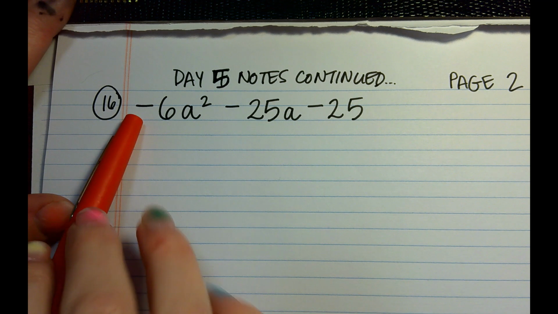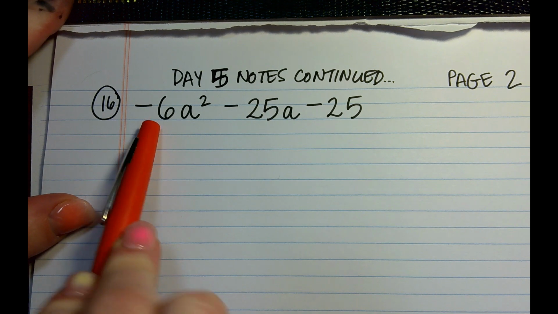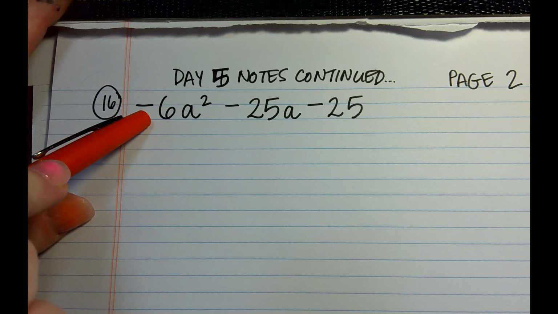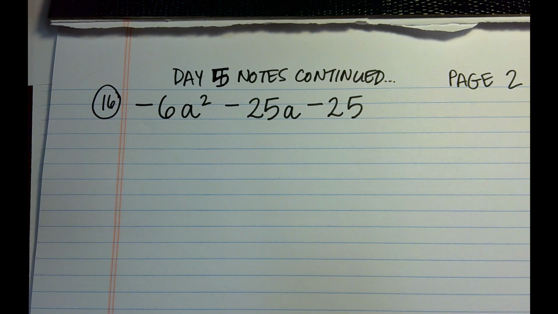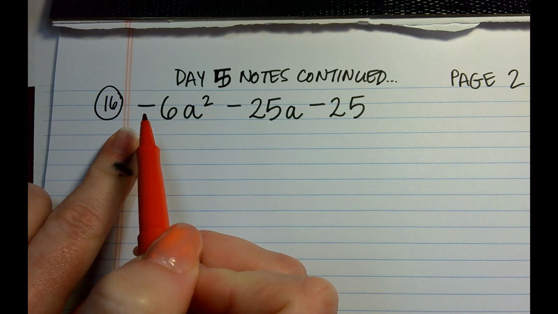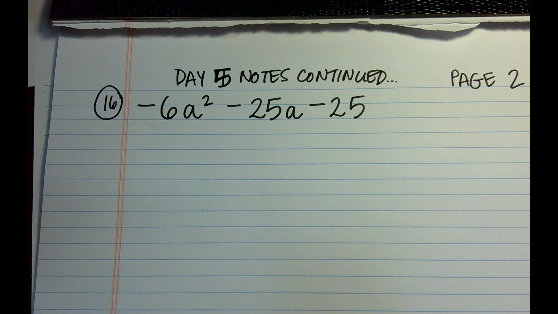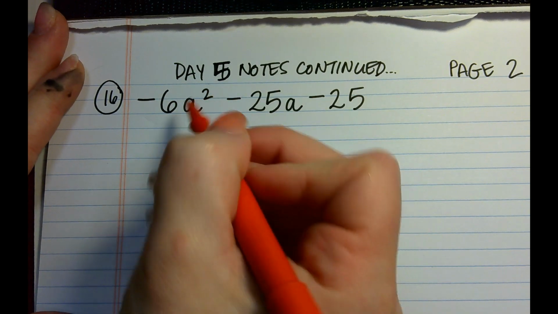When you have a leading term that is negative, my first suggestion will always, always, always be to turn it positive. We're going to factor out -1 first. Just to make everything positive, it'll make it a lot easier. So here's what that would look like.